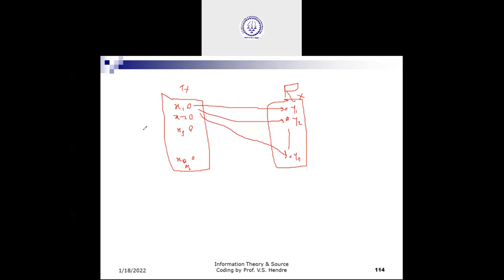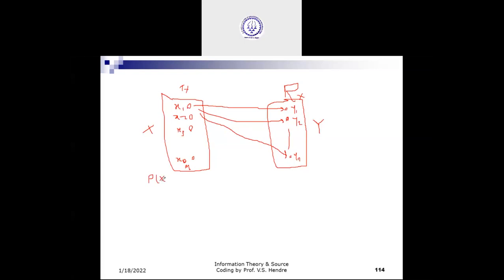Now I have to define this probability statistically. I will define capital X as the random variable which represents x1, x2, x3, up to xm. Capital Y is the random variable which represents y1, y2, up to yn. If I select the messages x1 to xm randomly from the random variable X, then I can define the first probability, P of x.